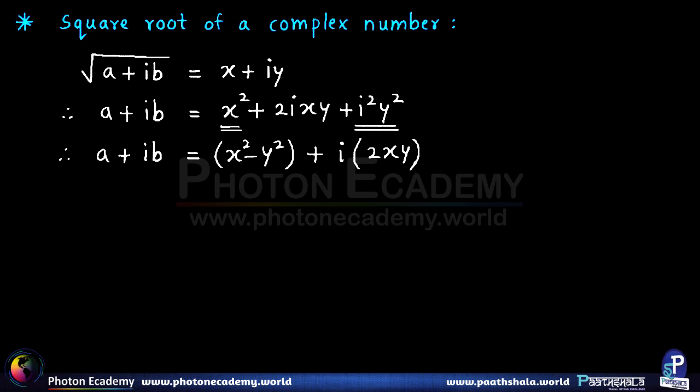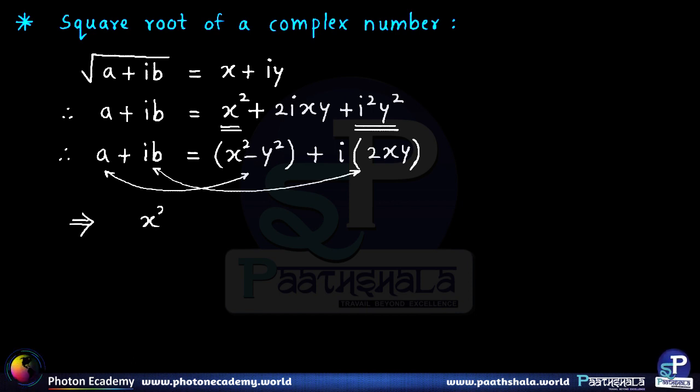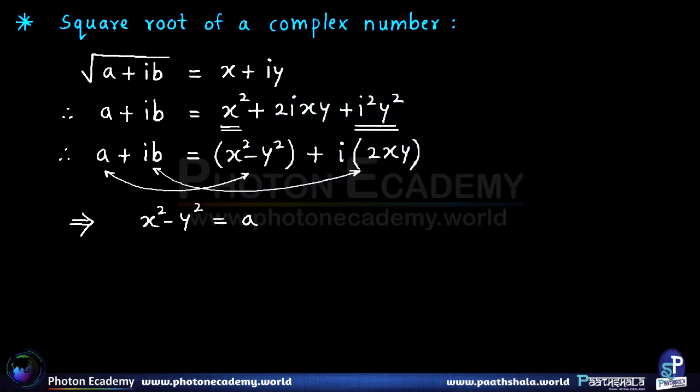Now we have already seen that when two complex numbers are the same, it means their real parts must be the same and their imaginary parts also must be the same. So this implies that x square minus y square must be equal to a and 2xy must be equal to b.